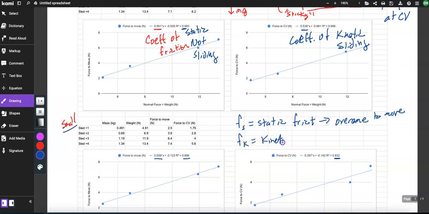So this is kinetic friction, and this is to continue to slide. Really, I said to move, but it's really overcoming friction to slide. I always like the word sliding because that's much better. So that is the difference. Hopefully that helps.